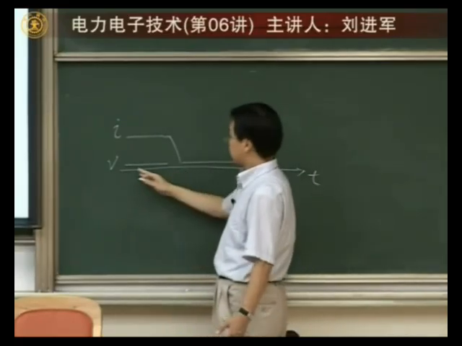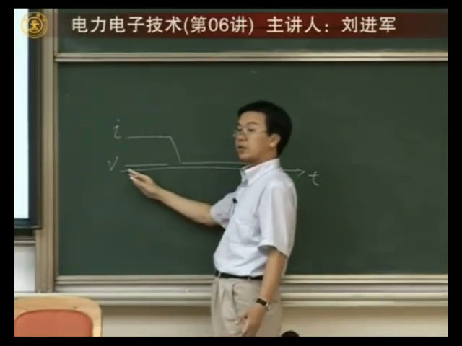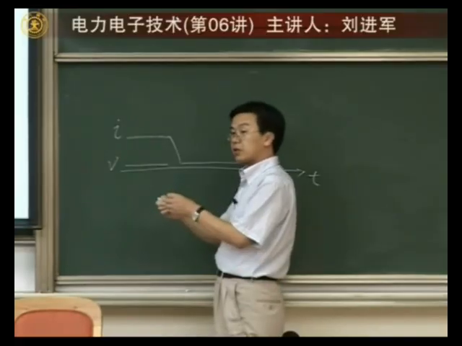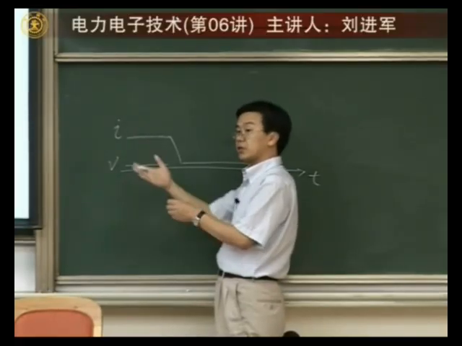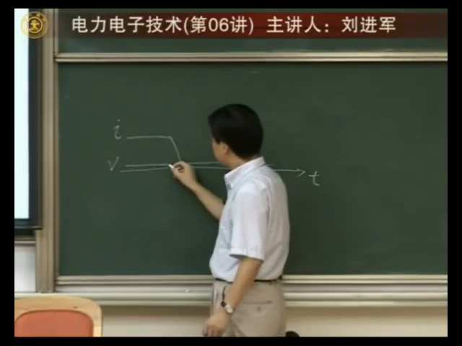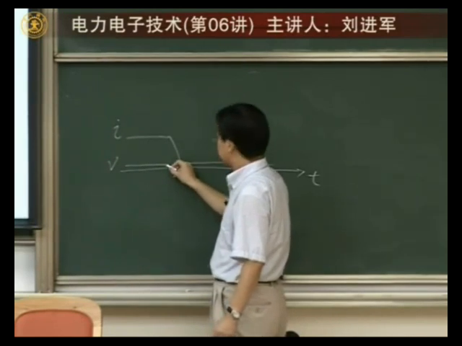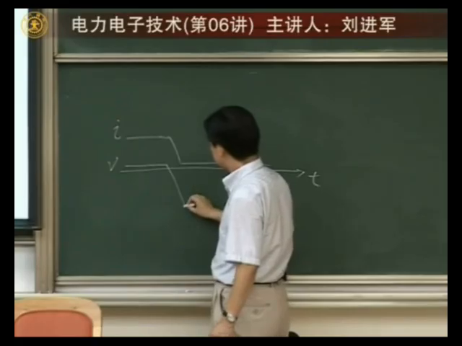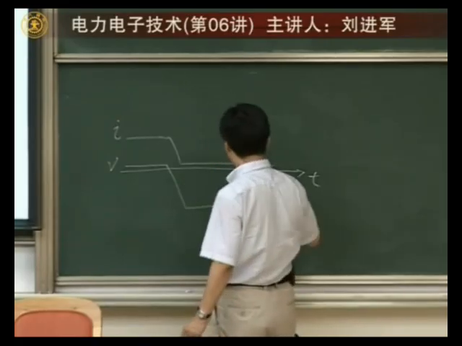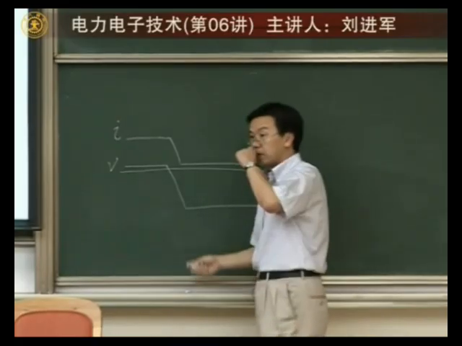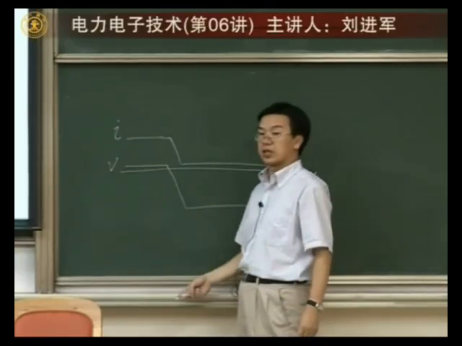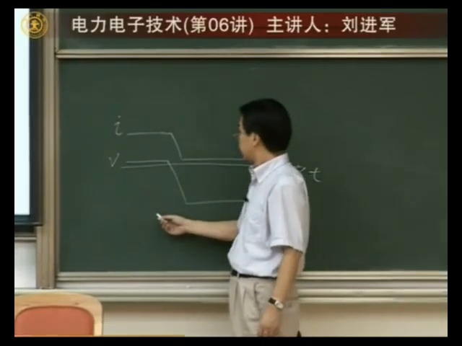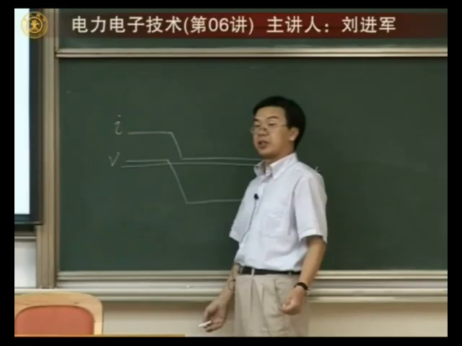And the voltage, originally forward, is nearly 0 across the diode because it is conducting. Then when it changes to reverse bias, it changes to reverse voltage. All the reverse voltage will be applied to the diode. That's what we imagine.